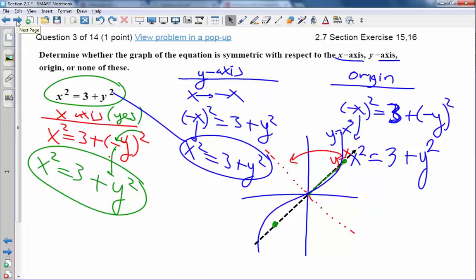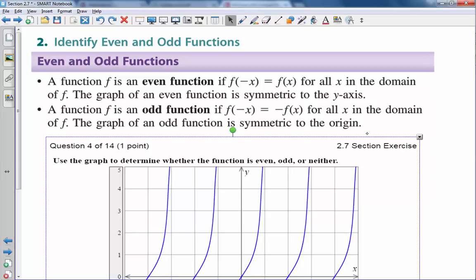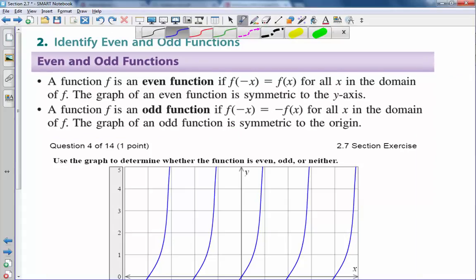Now, when symmetries happen to functions, it's something great. We call such functions by special names, so we kind of honor them because of showing such a good property. We call them either even or odd function depending on what kind of symmetry they show. For example, if a function shows y-axis symmetry, it is called an even function.